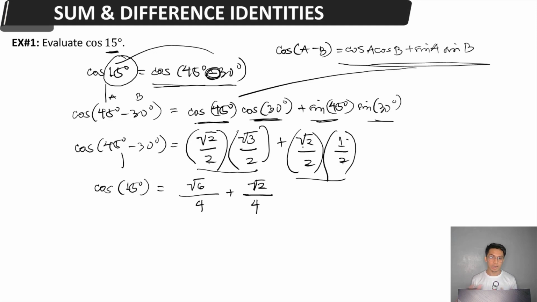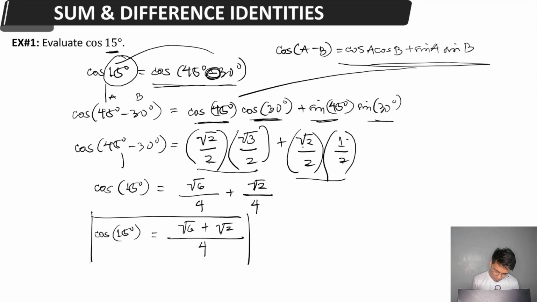And then we add the fraction. Obvious naman, ang kanilang least common denominator is 4. Cosine 15 degrees is equal to square root of 6 plus square root of 2 over 4. Ito na yung ating exact value for cosine 15 degrees since hindi na natin pwedeng ipag-combine yung square root of 6 plus square root of 2. So this is the answer for example number 1.